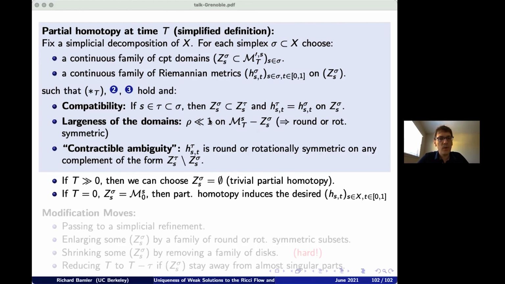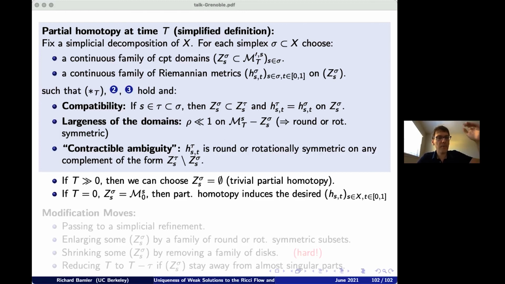So if all the C sigma S are equal to M, then we can fit together all these H sigma S T to give us the desired H S T over M. So a partial homotopy at time 0 implies the existence of a family of metrics H S T.